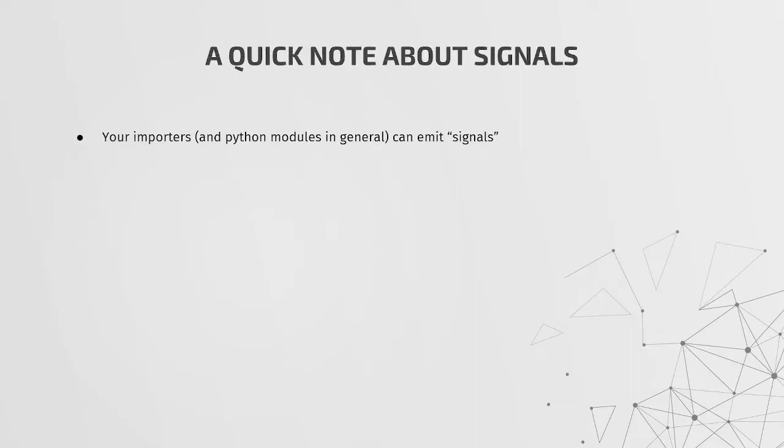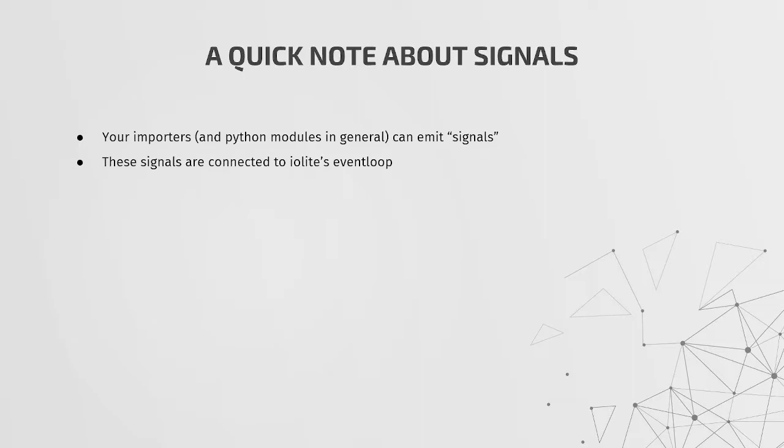In general, the Python code that you write can emit signals, and these are basically just messages going back to Iolite's main event loop. Iolite has an event loop, which is just a monitor that is constantly looping over and checking: has the user moved the mouse, has the user pressed a key, has the user clicked a button.